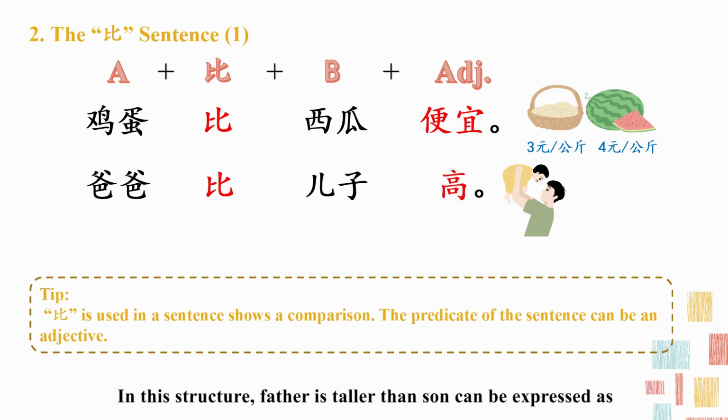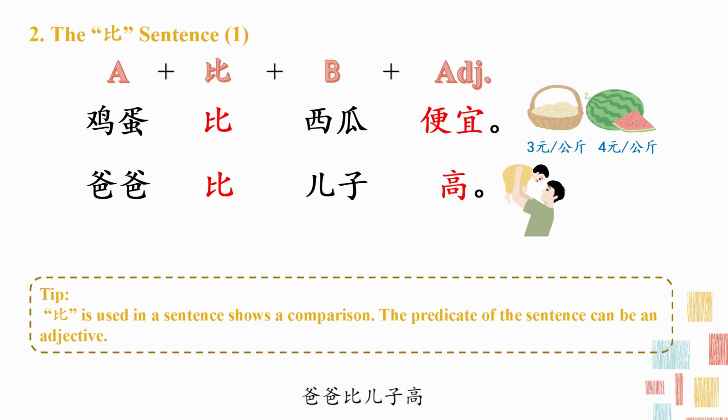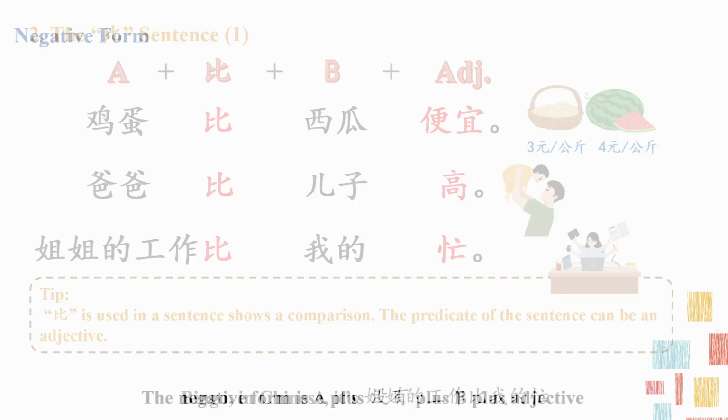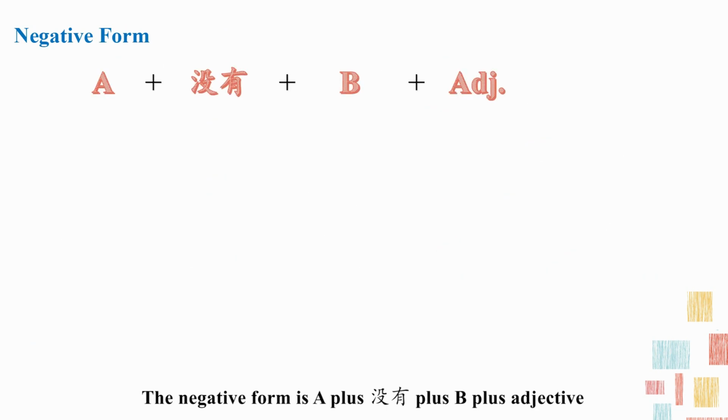2. In this structure, father is taller than son can be expressed as 爸爸比儿子高。 Now you can try the third one. Compared with me, elder sister's work is busier than mine. Bingo! In Chinese, it's 姐姐的工作比我的忙。 The negative form is A plus 没有 plus B plus adjective.